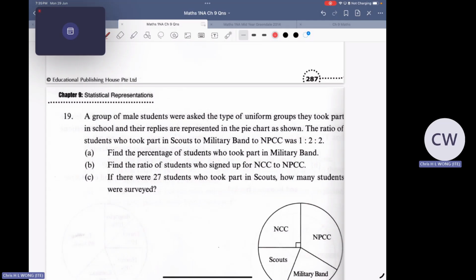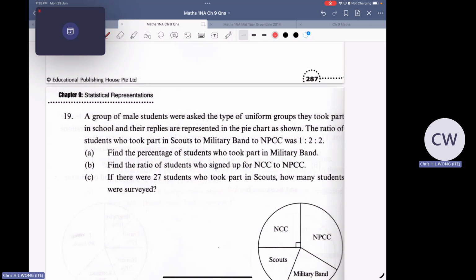Chapter 8 question. Hold on. Okay, chapter 8 is there, right?